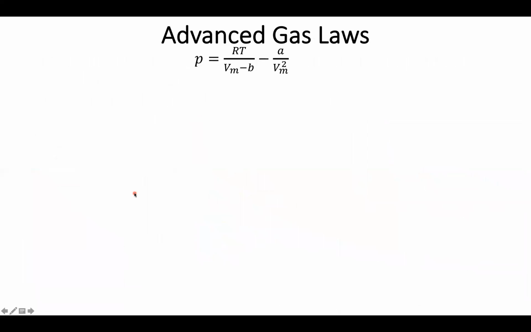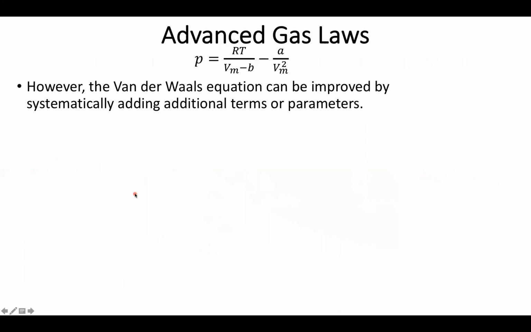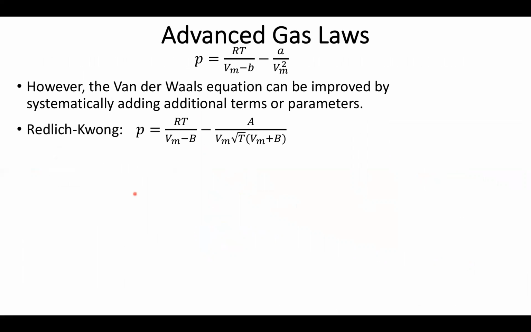So some people like to try and improve the van der Waals equation by essentially systematically adding additional terms or parameters to give us more information. So one of the simplest improvements is called the Redlich-Kwong equation, and more or less I'm trying to improve the description of the intermolecular forces.